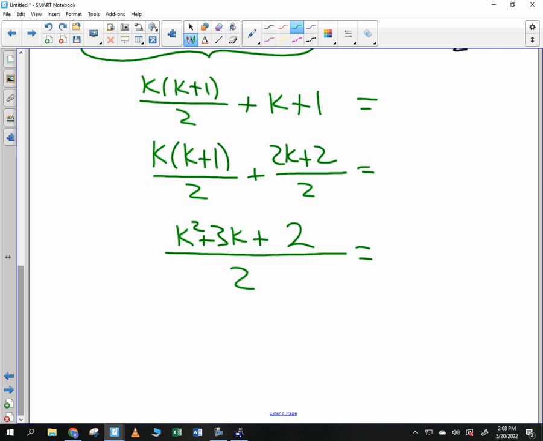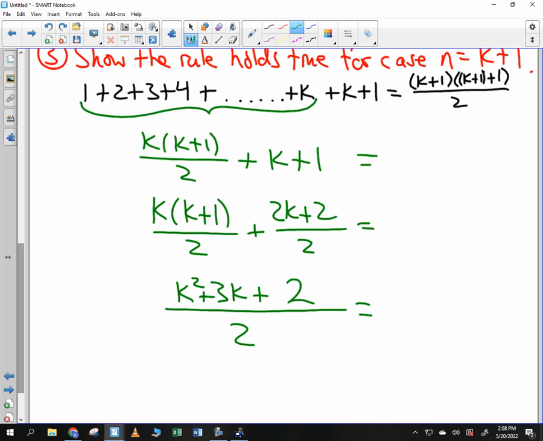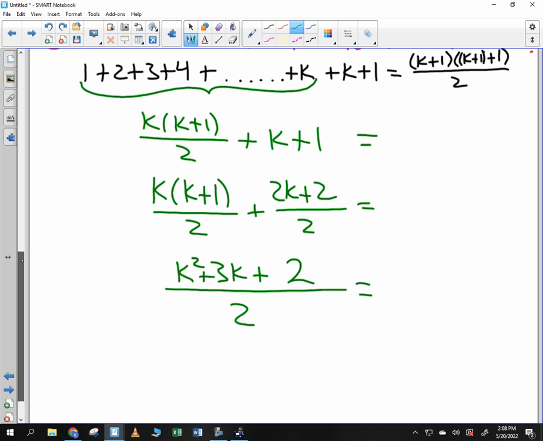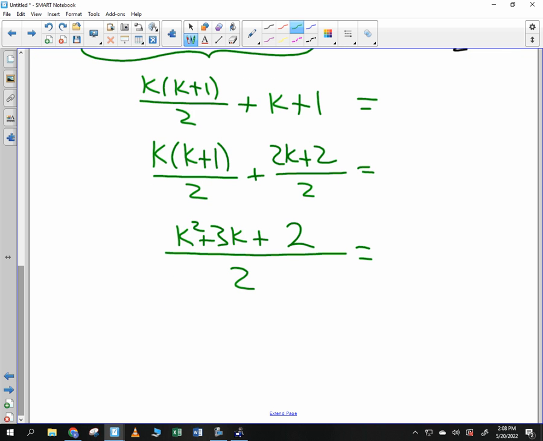So does that look similar to that? It's getting there. That's written in factored form, isn't it? Does this factor? What does it factor to? Yeah, k plus 1 times k plus 2, right?